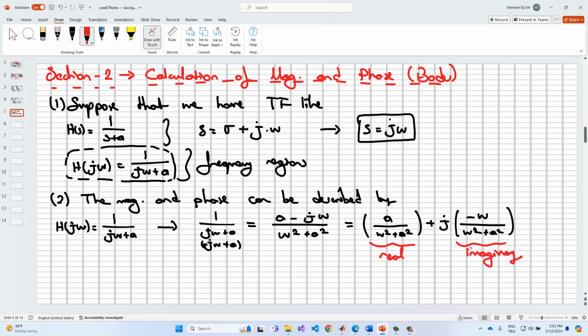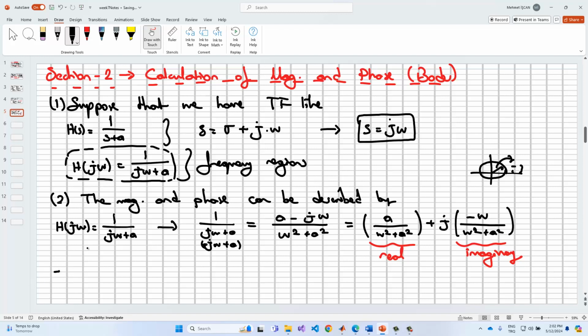Just see that if we have this kind of Euler identity formulation, how can we calculate the magnitude of these terms? It is the square of the imaginary part plus the square of the real part, and then we take the square root.